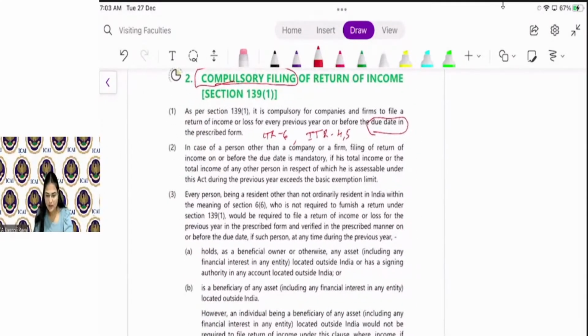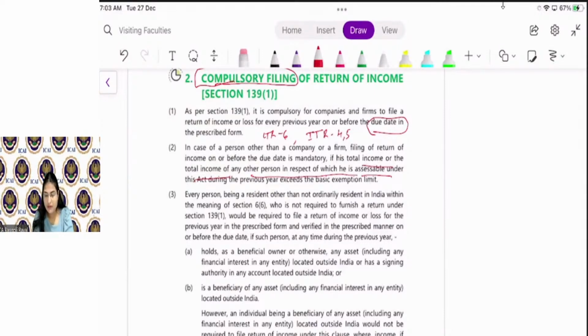Now it is compulsory for company and firm to file return of income. For a person other than a company or firm, say for example individual, HUFs, they have to file a return of income if his total income, or the total income of any other person in respect of which he is assessable, that is clubbing, exceeds the basic exemption limit during the previous year.